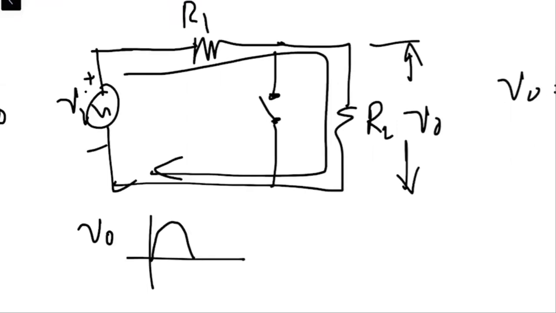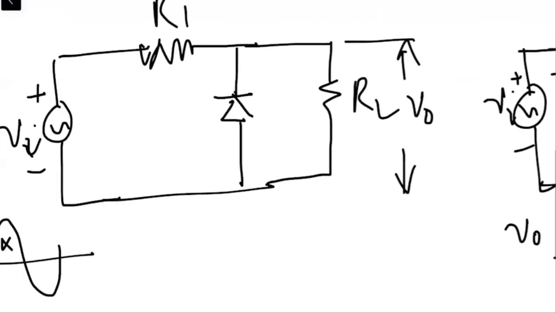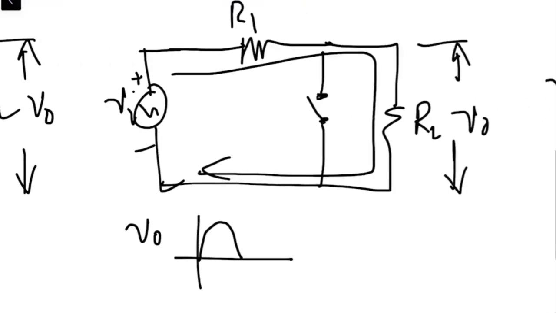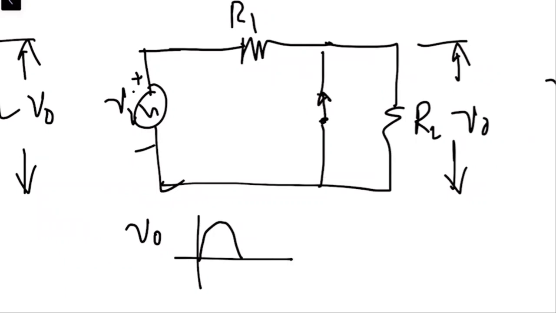When the negative half cycle comes, in that specific case, the diode will behave as a closed switch. When it behaves like a closed switch, the direction of the current will be now this one, or this end is positive and this end is negative.